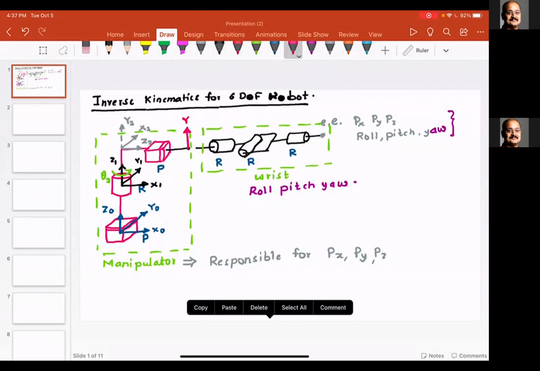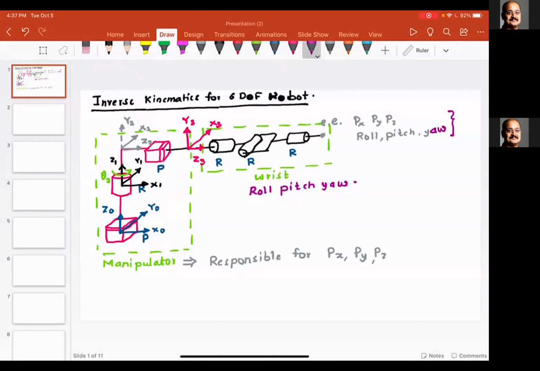Now, one thing I want to show you here, and please understand this is an important aspect: we are looking at this robot split into a manipulator and a spherical wrist. I have shown you the forward kinematic setup for the manipulator.